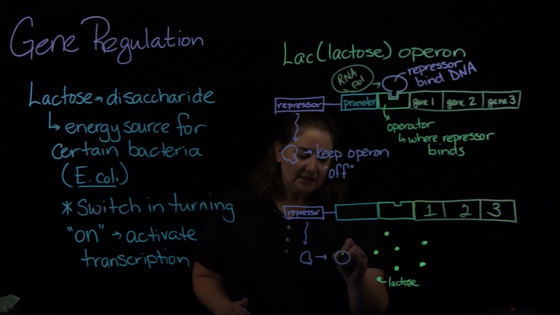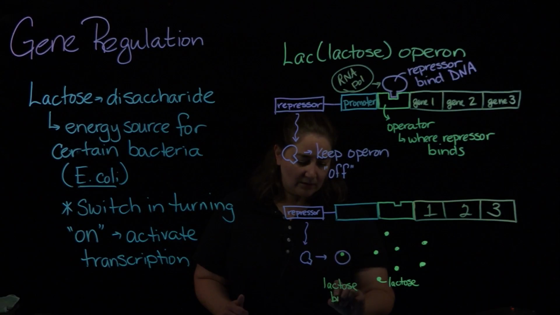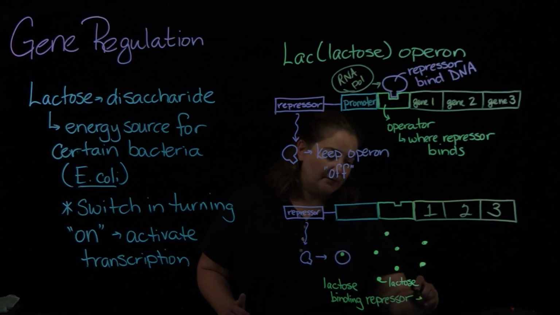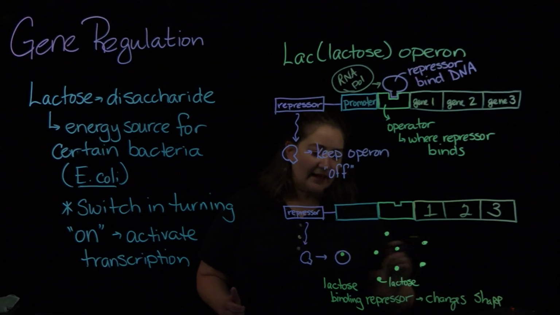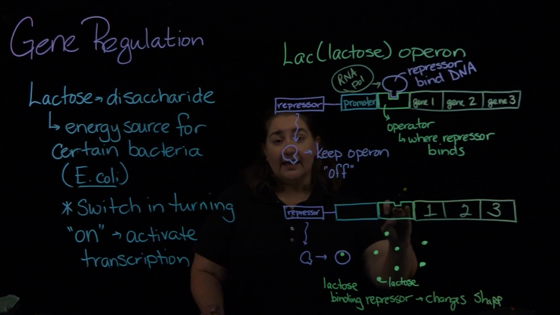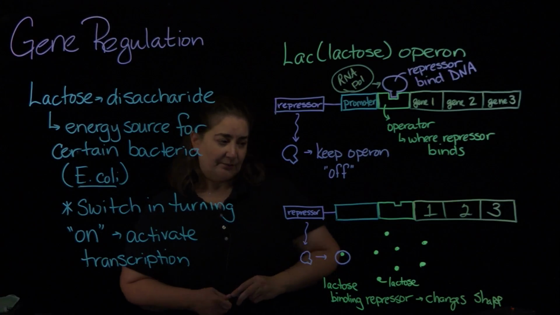What happens is when lactose binds the repressor, it's going to change the shape of the protein. So now our repressor doesn't fit on the operator region. It can't bind to our operator.